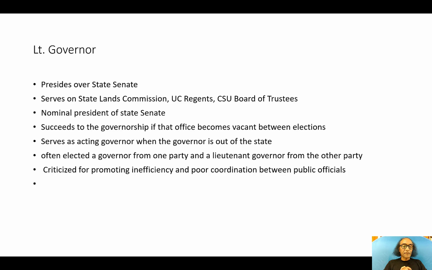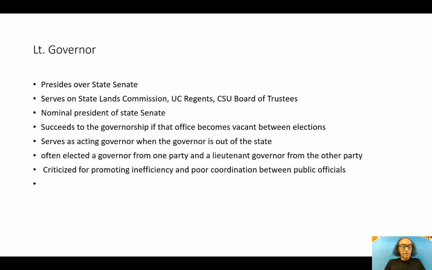But to the extent that the lieutenant governor's office exercises certain kinds of powers, the governor is an ex officio member of the State Lands Commission, the UC Regents, and the CSU Board of Trustees. So, by virtue of occupying that office, they're members of these boards and trustees.